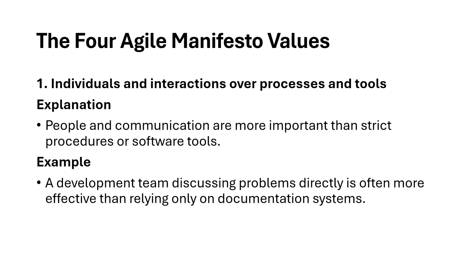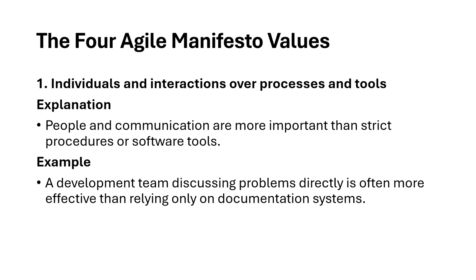In Agile, teamwork and collaboration are highly valued. So, for example, imagine a development team faces a technical issue. Direct discussion among team members can solve the problem much faster than filling forms or following lengthy documentation procedures.